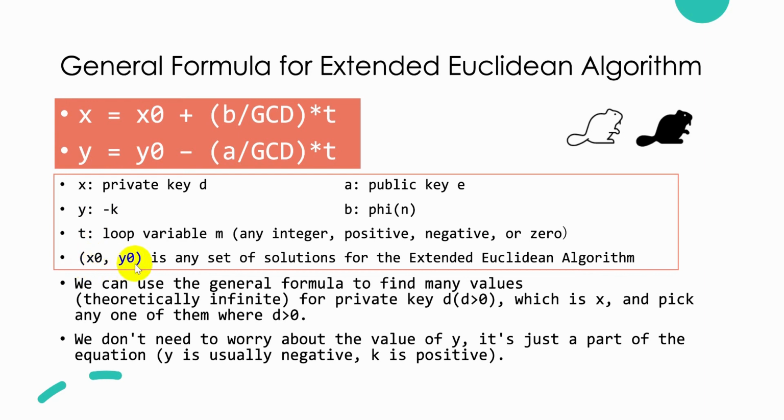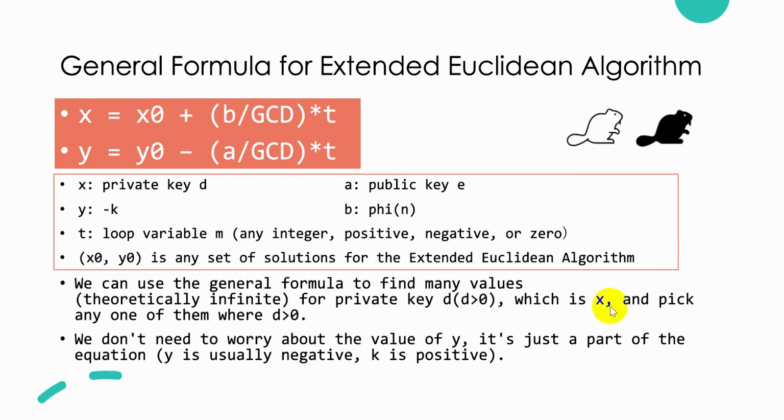x0 and y0 is any set of solutions for the extended Euclidean algorithm. So if we run the function, any set of solutions that we get out of it can be used as x0 and y0. So we can use the general formula to find many values, theoretically infinite, for a private key d, but we need to choose one where d is bigger than 0.